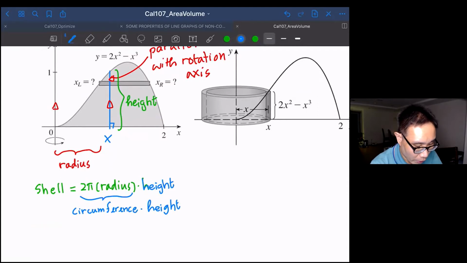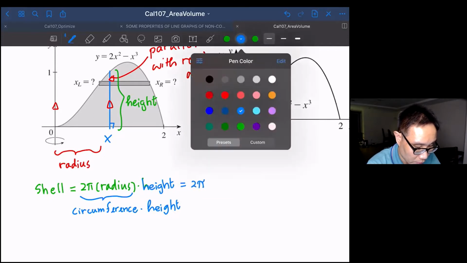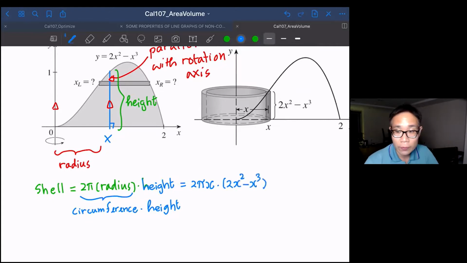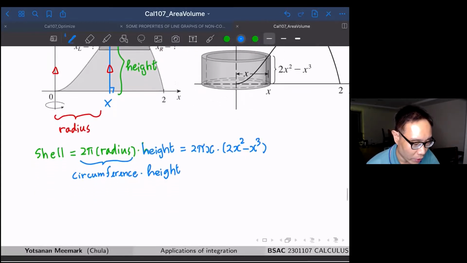So what will be the volume of the shell that you have? It's going to be 2 pi, the radius equal to x, and the height will be 2x squared minus x cubed.